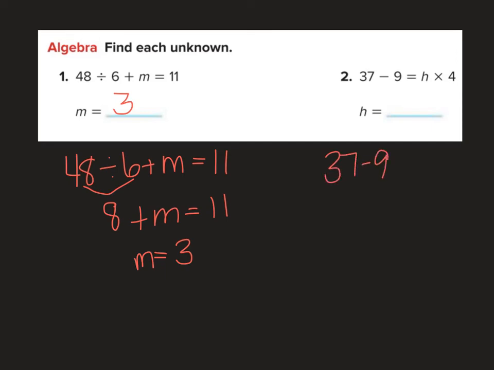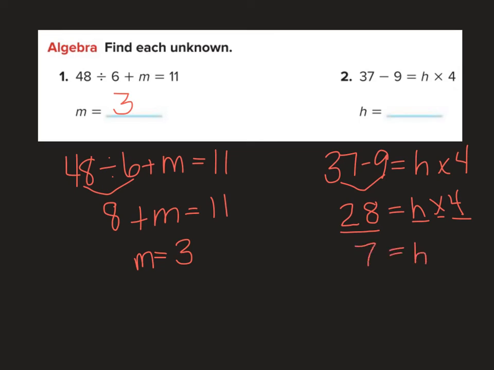Okay, let's do the next one. 37 minus 9 equals h times 4. So first, the only thing I really can do here is 37 minus 9. So if I do that, I would get 28 equals h times 4. So we're saying 4 times what is going to give me 28. And I know that 4 times 7 gives me 28. So h is equal to 7.